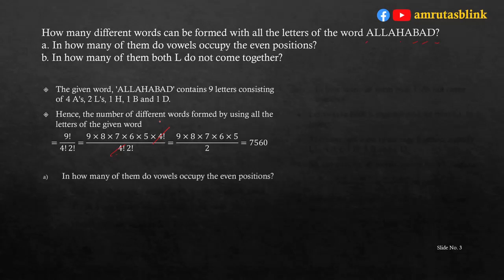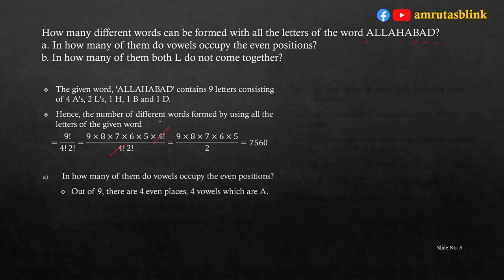Now the first condition asked in this problem is in how many of them do vowels occupy even positions. Now we know that there are total 9 letters, that means 9 places are there. Now out of 9, 4 places would be even. So on the second position, fourth position, sixth position and eighth position, we need to place only vowels.